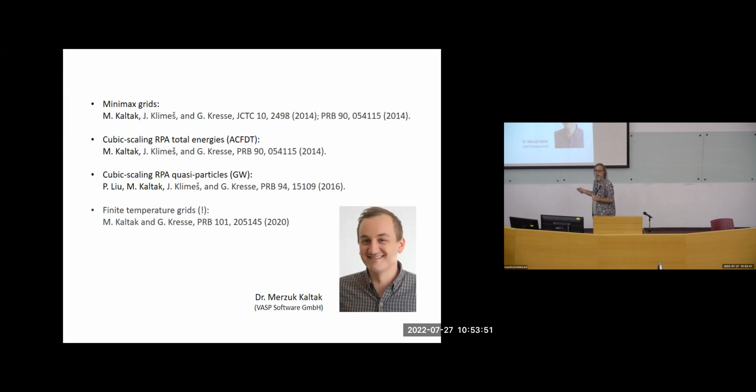So, for instance, if you want to do this for metallic systems, you can do that now because of his work. I've put the papers here. If you're interested, you can look at them at your leisure.